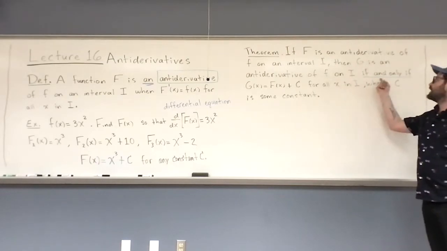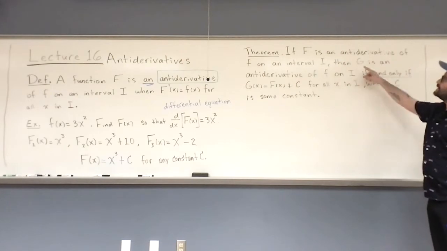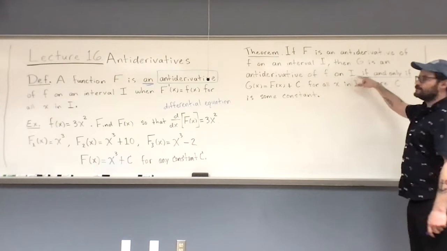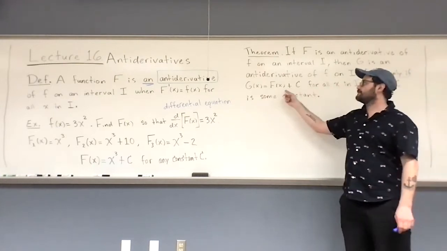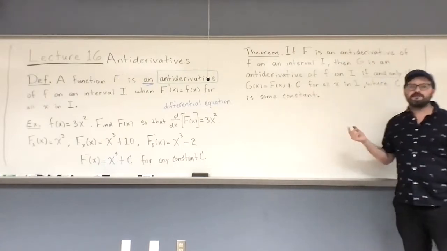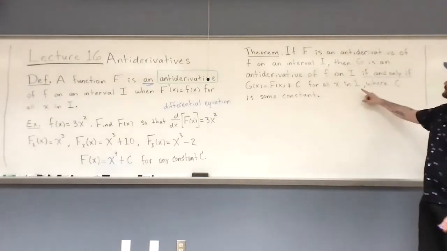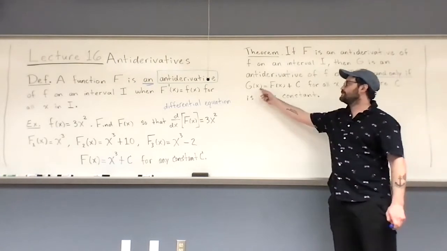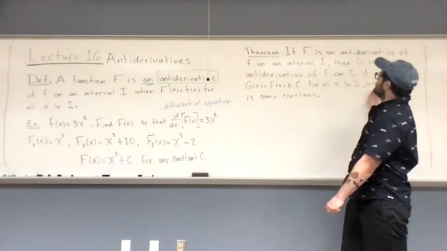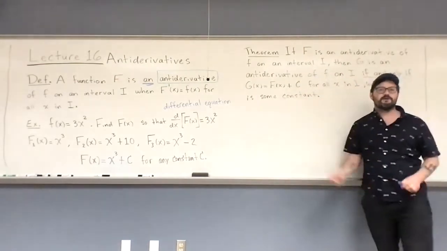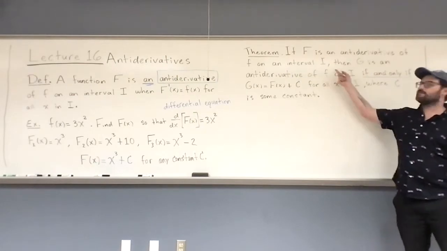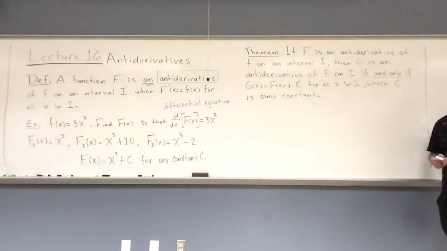If G is an antiderivative of little f on I, then G must equal capital F plus C for some constant C on I. That's one part. The other part is that if G of x equals capital F of x plus C for all x on I, then G is an antiderivative of little f. There are two directions: if this, then that, and if that, then this. That's what if and only if means.